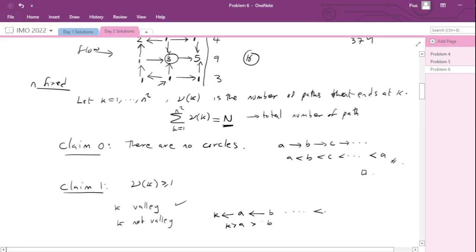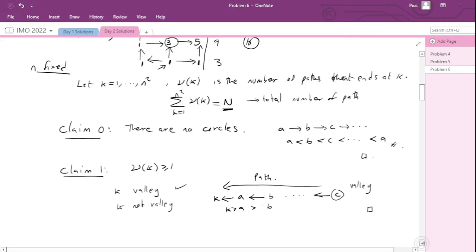So there's going to be some value that we cannot go down any further, meaning we cannot find any adjacent number that is lesser. So this would be a valley. And once you have a valley, we could just trace back up, and this is going to be an uphill path. Okay, so that's all for this.